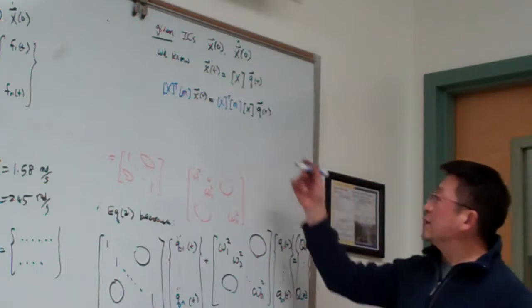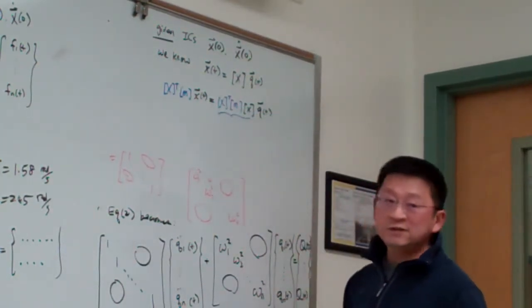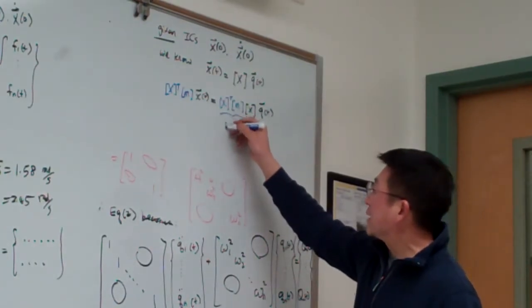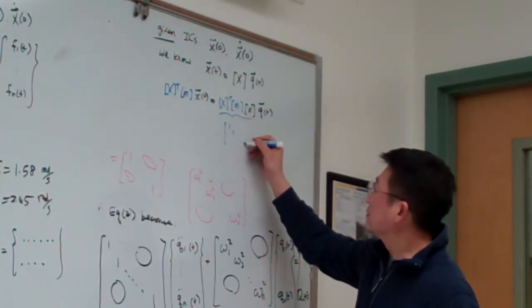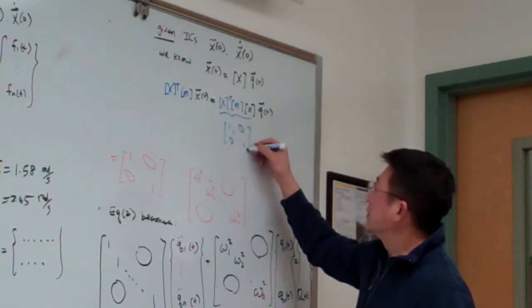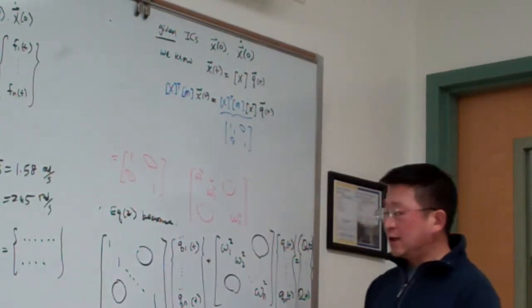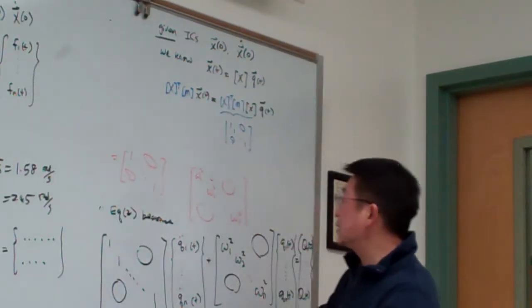In this way, this matrix utilizes the first equation of the orthogonality properties. This one is the identity matrix. Any vector multiplied with the identity matrix equals itself.